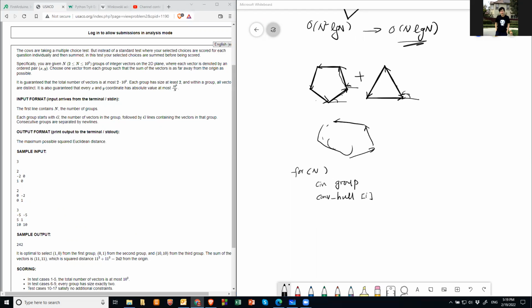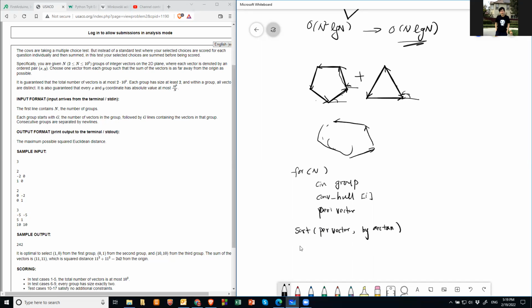Then you make this, remember these vectors. Let me call them periphery vectors, right? Then after you did this, you sort these periphery vectors by, you know, you have to have a comparison then, right? By the angle, right? Basically the octant.